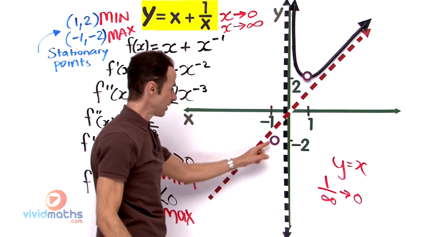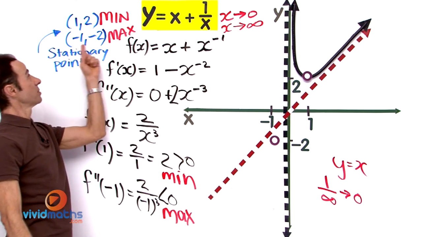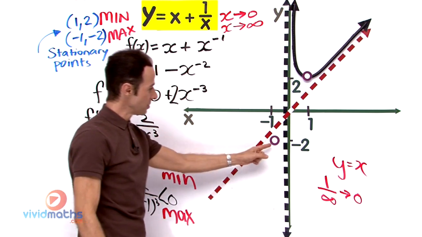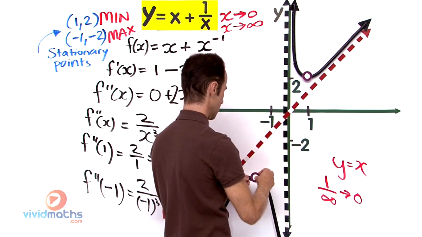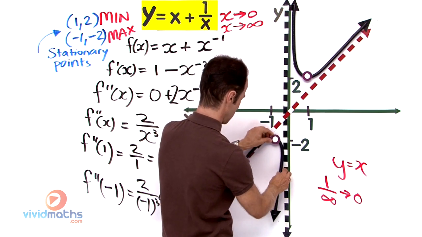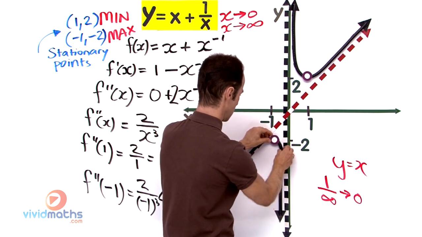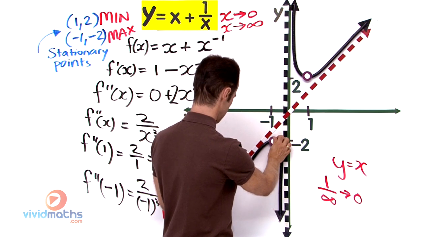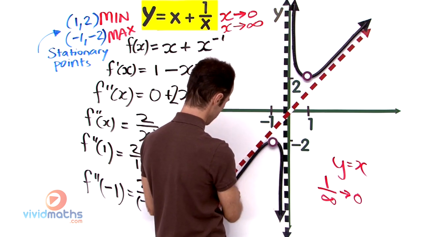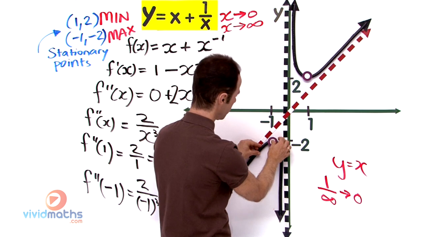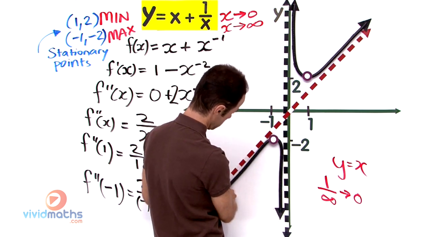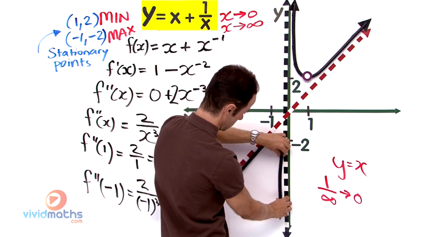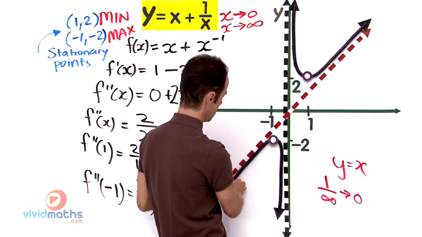And the second point right there, that's a maximum, as it says, -1 and -2. Let's mark that out over here. So that's going to be something like that, approximately. All right, there we have it.